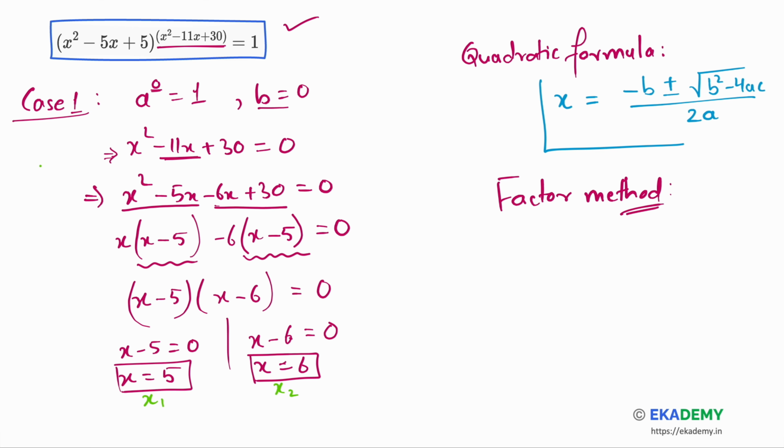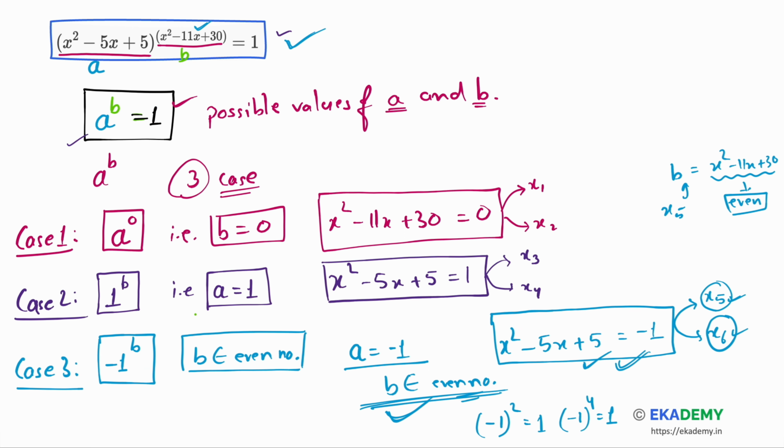Now, similarly we can find the solutions for case 2, and case 2 is when a is 1, because if a is 1 then this condition is also satisfied.